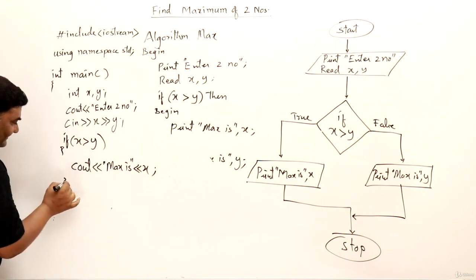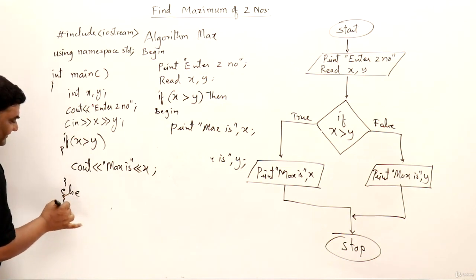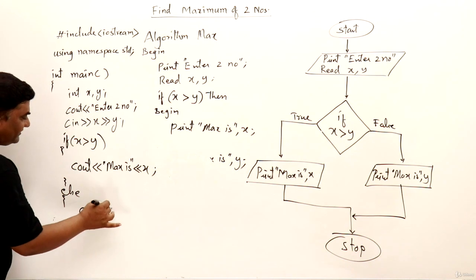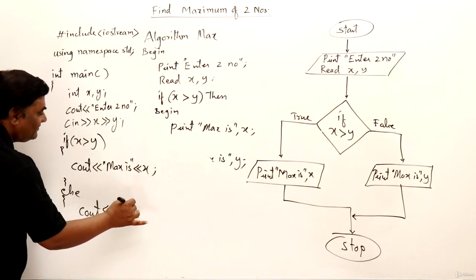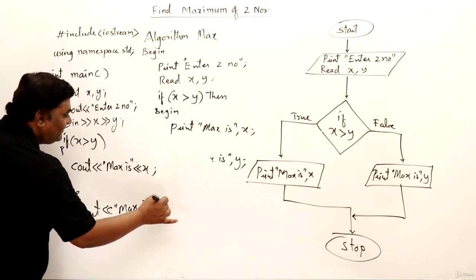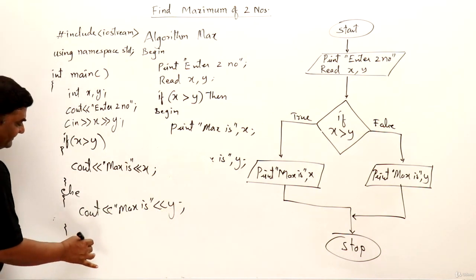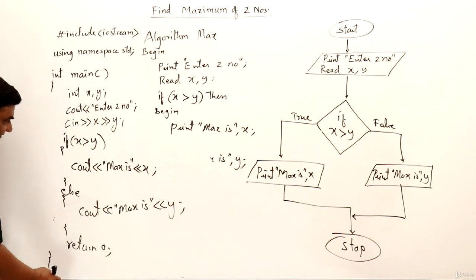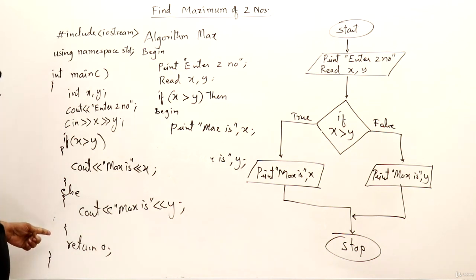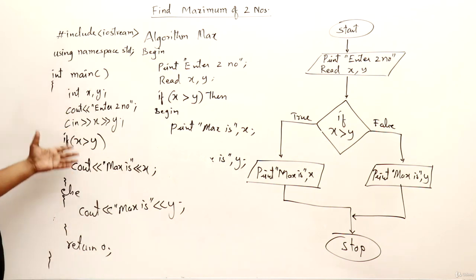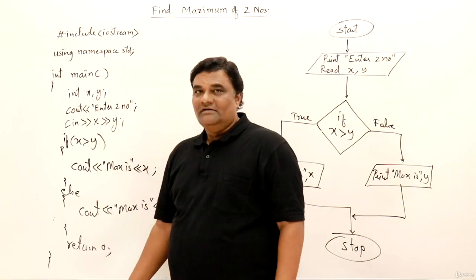Then else, again the end of if block, then inside else say cout max is y. That's all. End of this one, say return 0, end of the function. So this is the end of main function. So this is how a program looks like. So that's all.